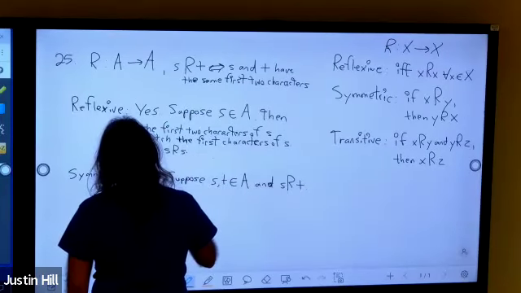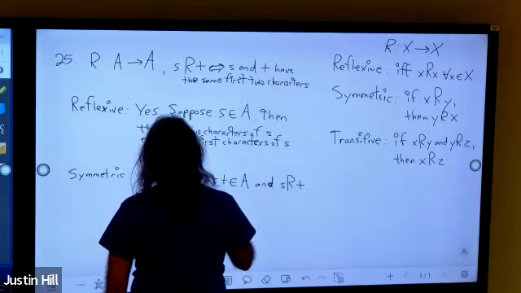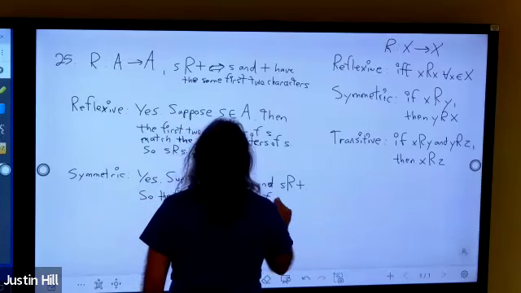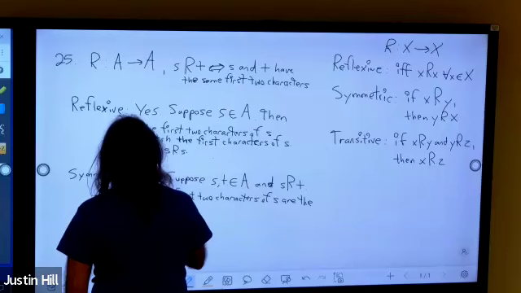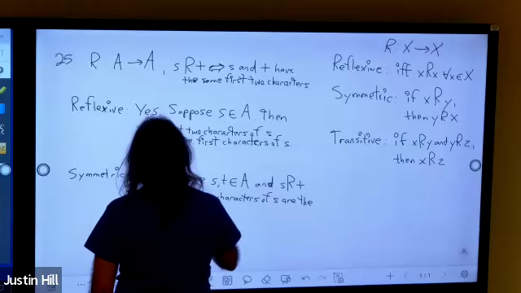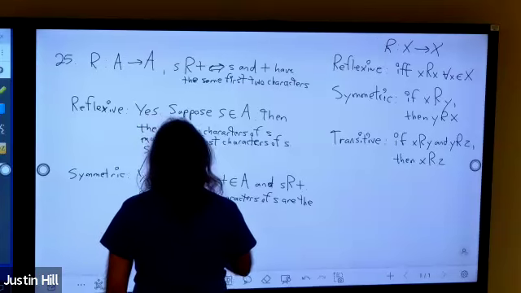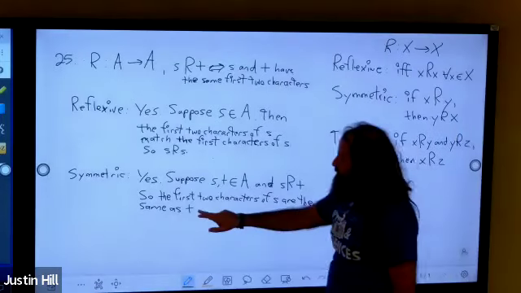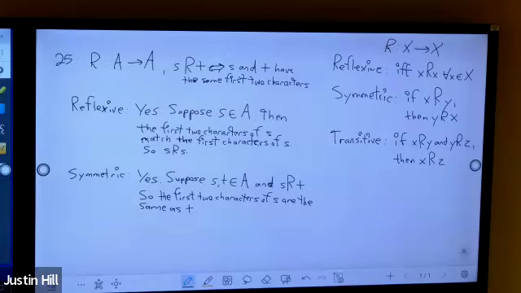So the first two characters of S are the same as the first two characters of T. We'll just say same as T, that's understood.